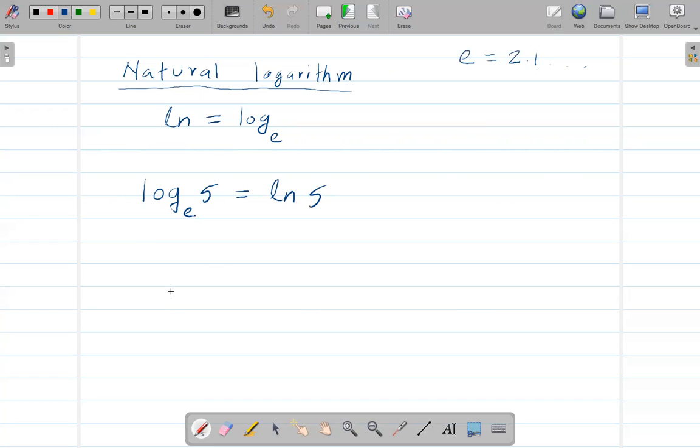So if someone asks you the value of natural log of e to the power 3, we can replace ln by log base e, and e to the power 3. So these two cancel, and the value of this one is 3. That's the basic idea of natural log.